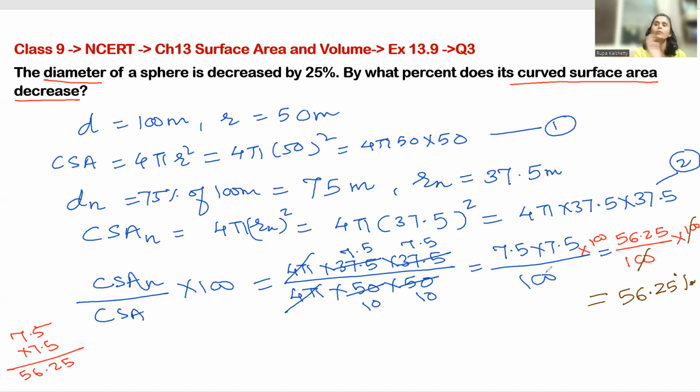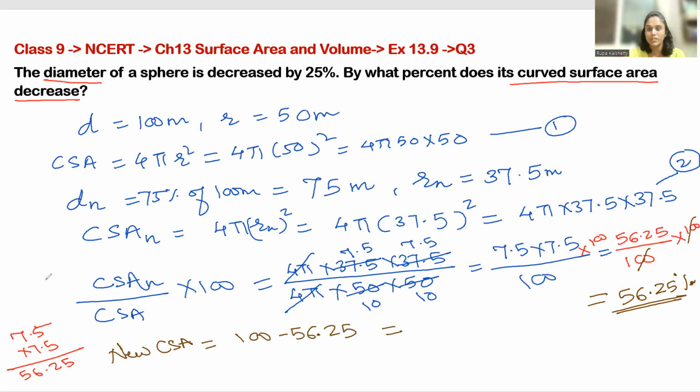The old one was 100%. Now the new one is 56.25%. But the question is asking how much it has decreased by. That means you will be doing 100 minus 56.25.